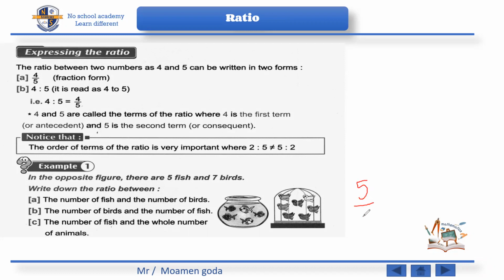I can write it like this, and I can write it like this, 5 to 7, using these two dots. So 5 over 7 or 5 to 7. I can't make it 7 over 5 or 7 to 5. I have to start with the number he said first.